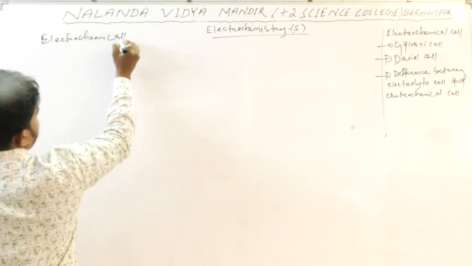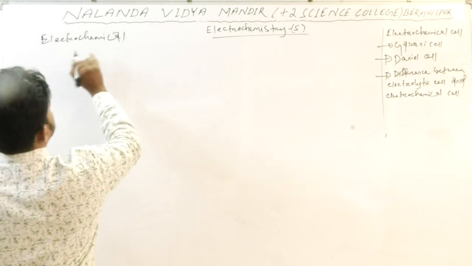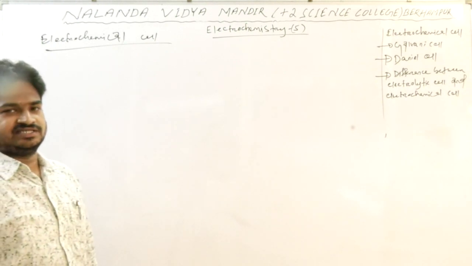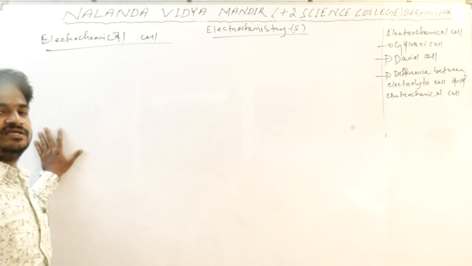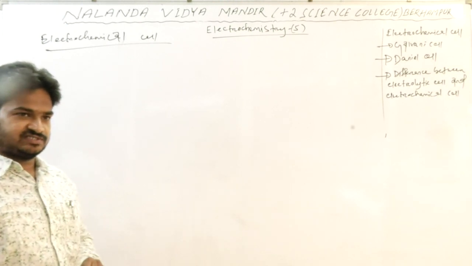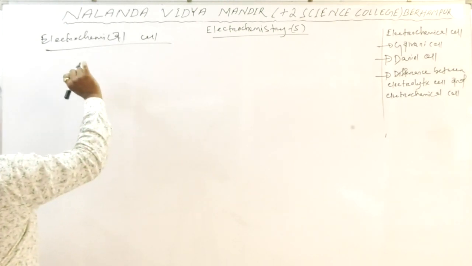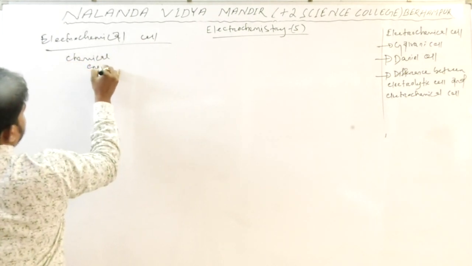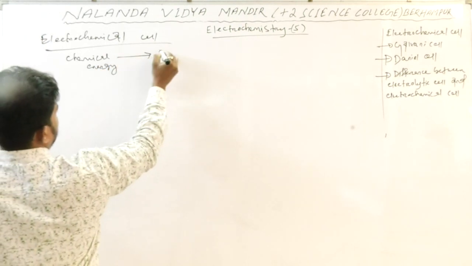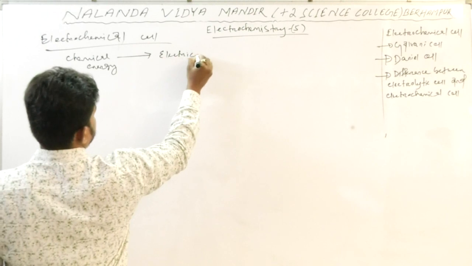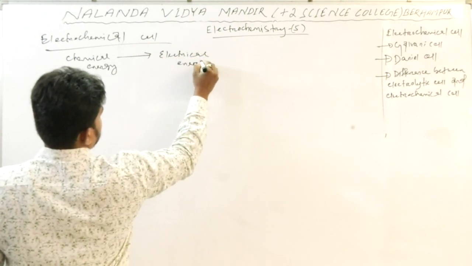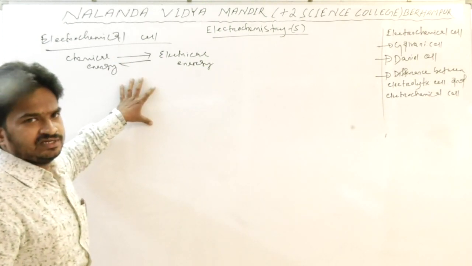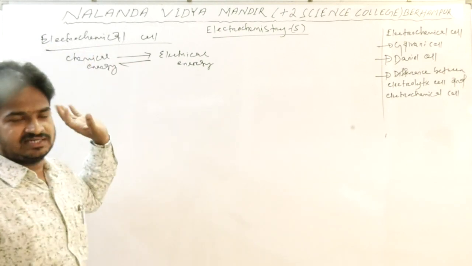Electrochemical cell means the interconversion between chemical energy and electrical energy, that is, the interconversion of chemical energy to electrical energy and electrical energy to chemical energy. This concept shows the electrochemical cell.